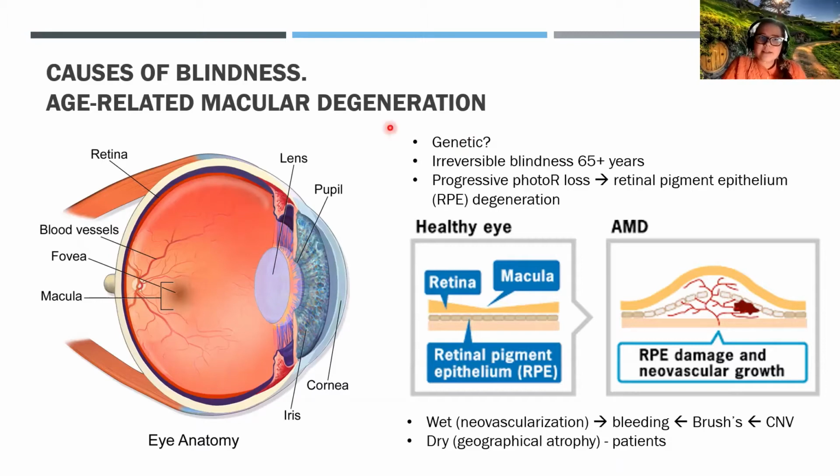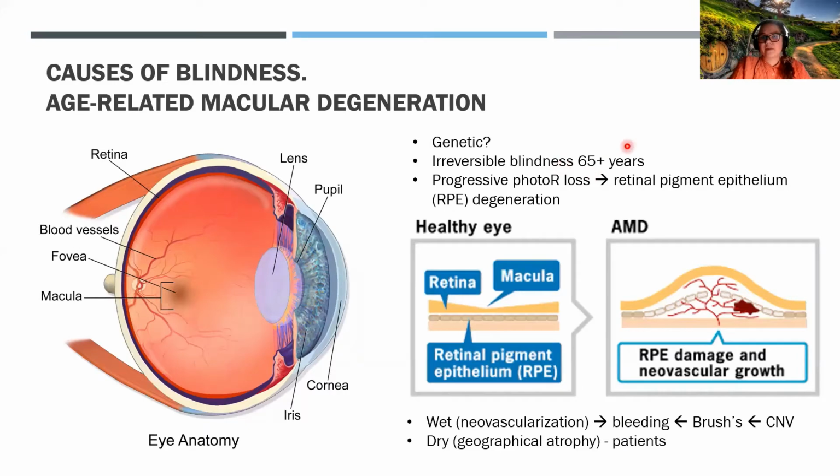Now, is this macular degeneration a genetic disease? Well, half of the patients have some associated genes with it, but mostly this disease is environmental, depending on your nutrition and healthy lifestyle, and mostly it depends on age.